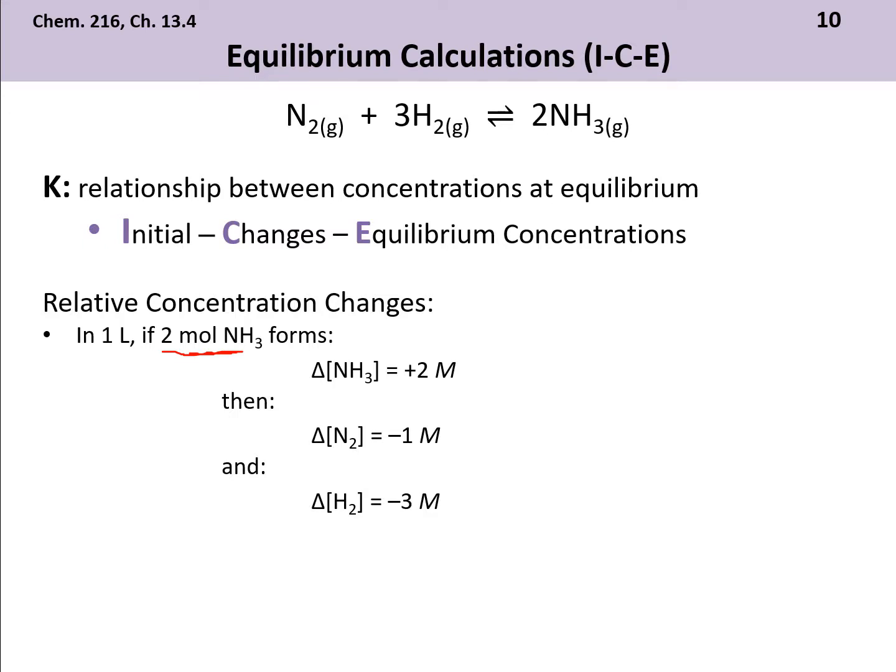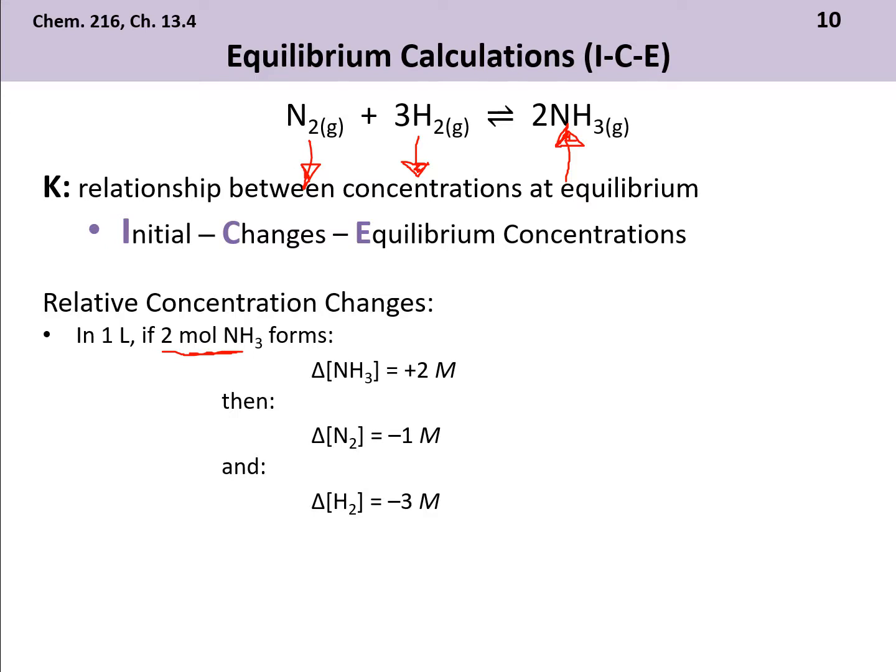Now, if my products increase, what does that mean? My products need to come from somewhere. So my reactants have to decrease, right? If I go to my kitchen and make some cookies, I'm going to increase the amount of cookies, but I'm going to decrease the amount of flour I have in my kitchen.